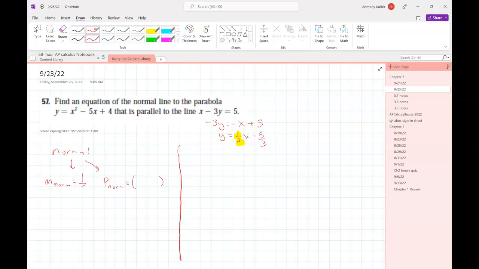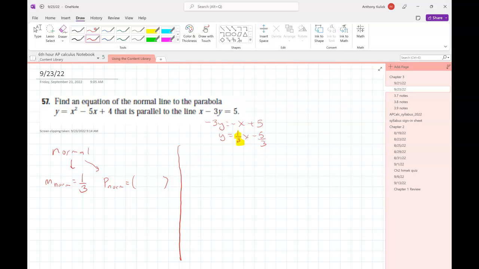So the slope for my normal line must also be 1/3. Great. Now I need to worry about getting that point for the normal. Now that point for my normal has to be a point on the parabola, and it has to be a point where the slope at that point is perpendicular to the slope of the normal.